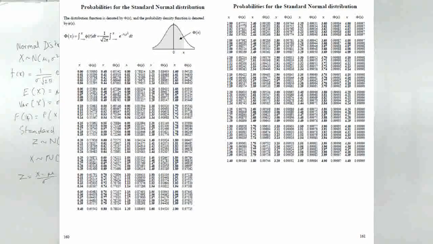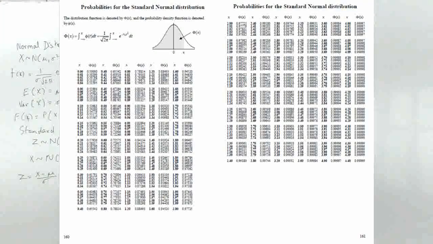Always when we are looking at the tables, always look for the graph. The graph shows us that they have given us the probability less than or equal to z from minus infinity. So basically they are giving us this capital F(x), but for a standard normal distribution. If you see, the values start from x equals 0 and only go till x equals 4.4.